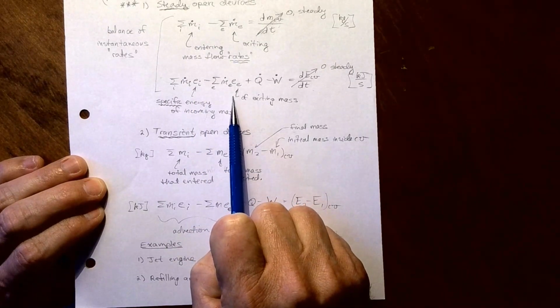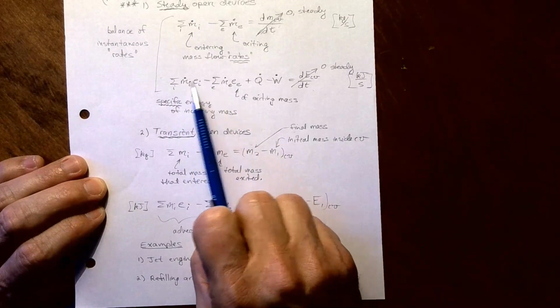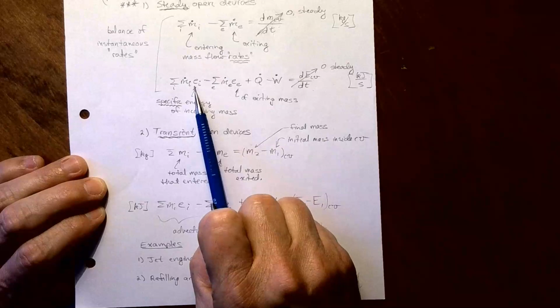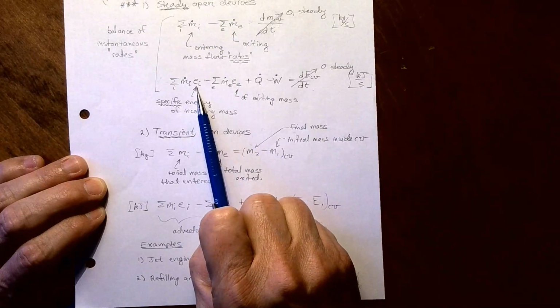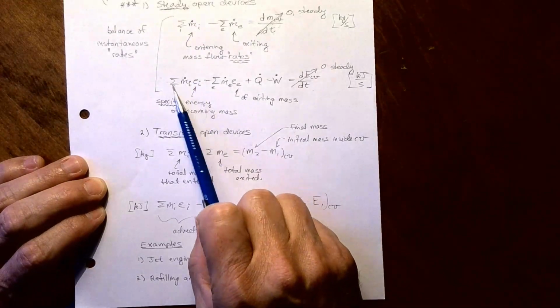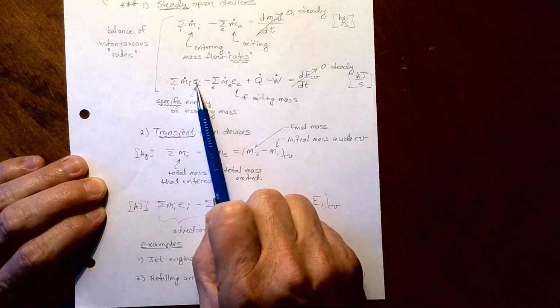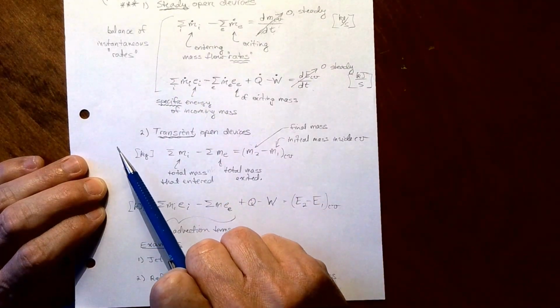The mass that's leaving takes energy out. And so these two terms represent the advection. If this is an energy per unit mass times a mass flow rate, then this equation ends up equaling an energy per time. The masses cancel between these two.